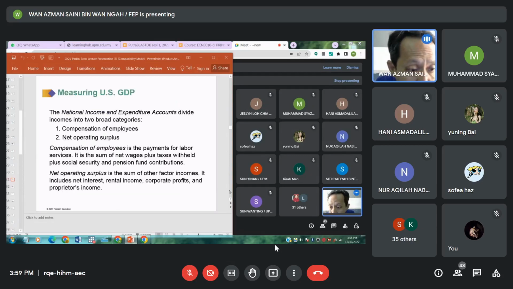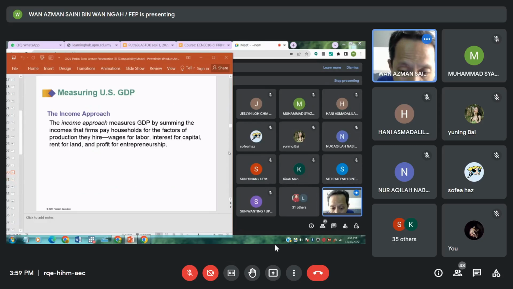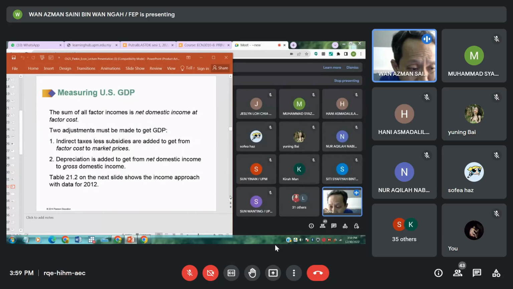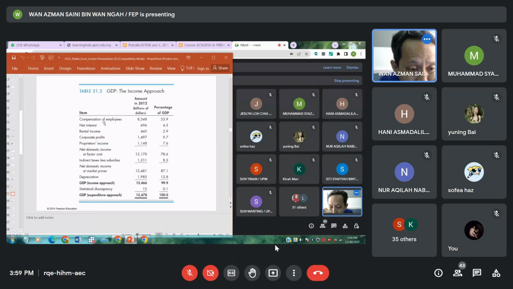So the second approach is the income approach. What we need to do for the income approach is total up all incomes received in the economy. There are two parts here. First is compensation of employees.